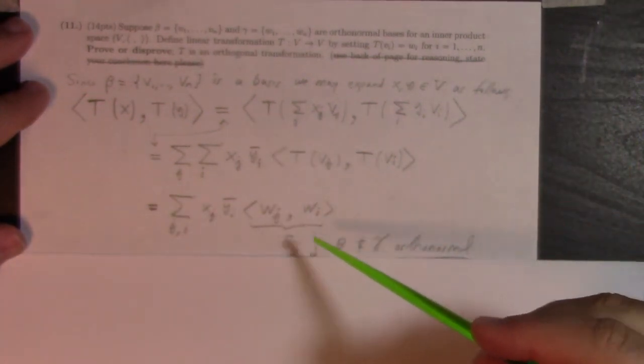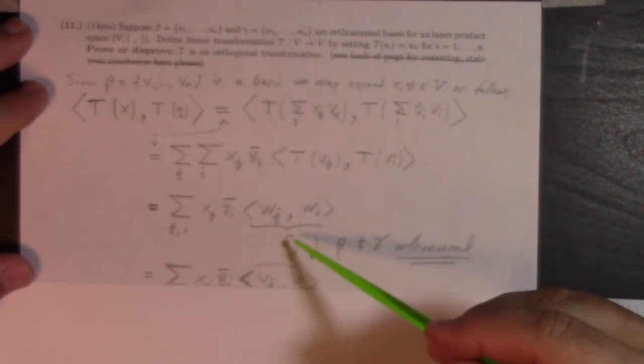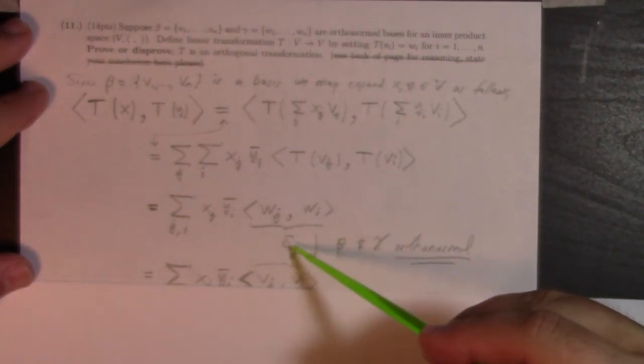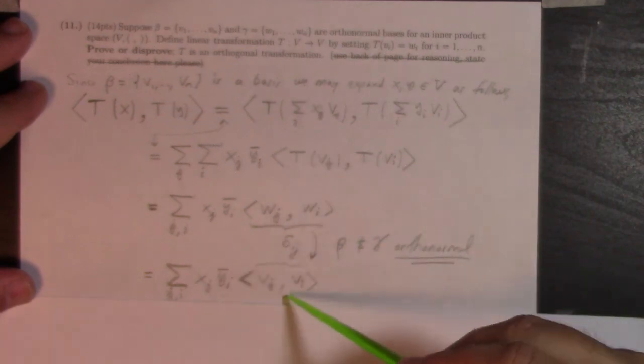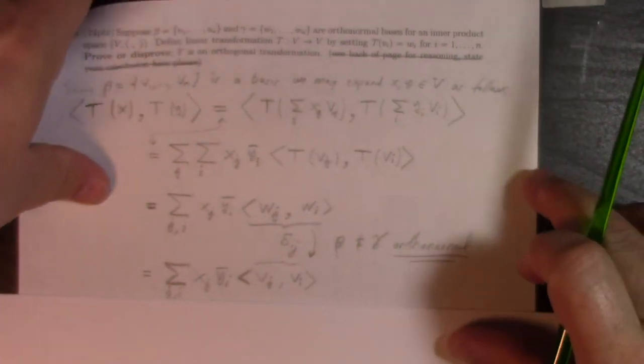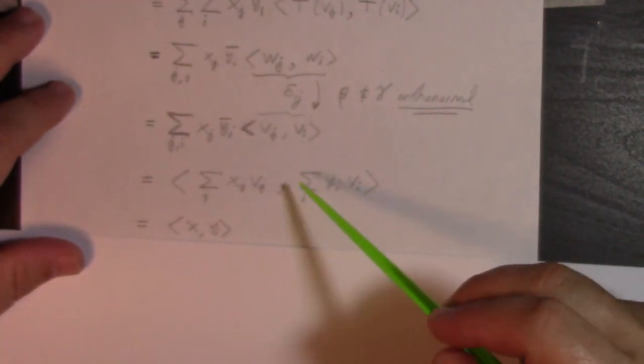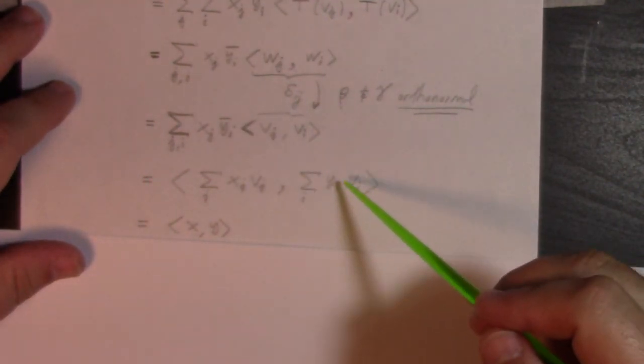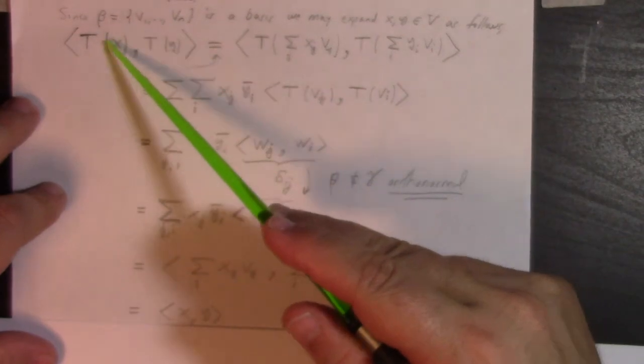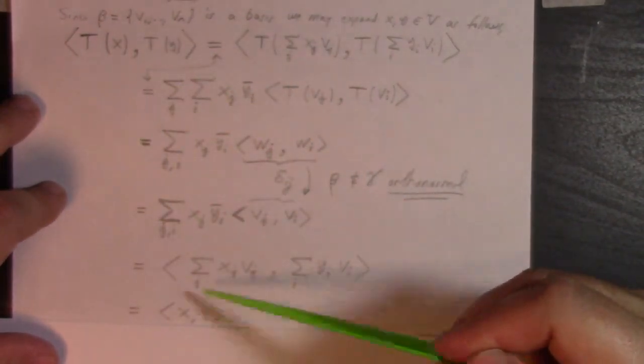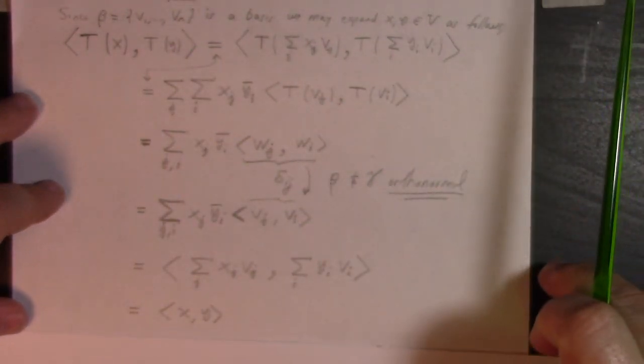But w's are orthonormal. But the cool thing about it being orthonormal is that this is equal to that, but this is also equal to that. And then you reverse the steps, because then we can pull the sums back in and convert this back to x and that back to y, and voila, there you go. This is equal to that, which proves that T is in fact orthogonal.